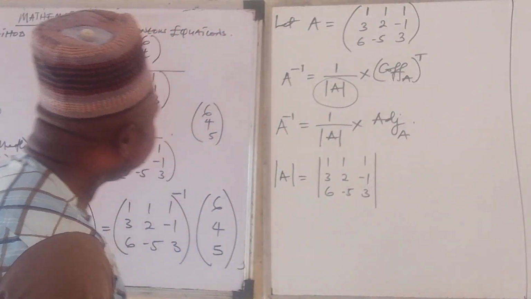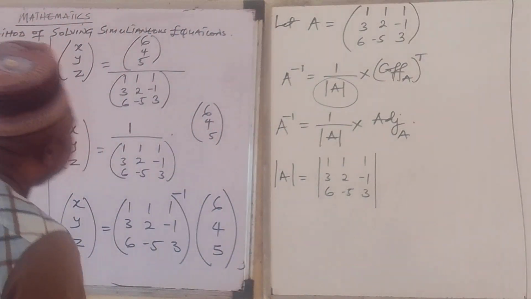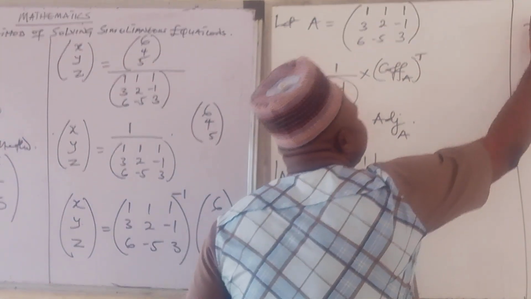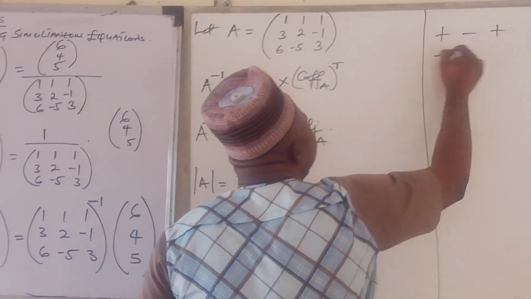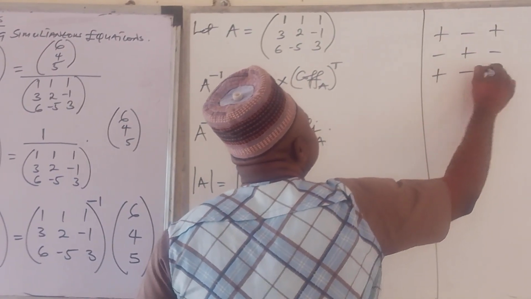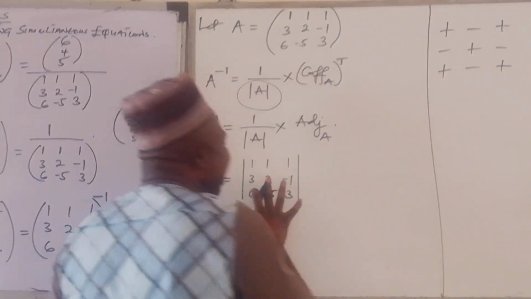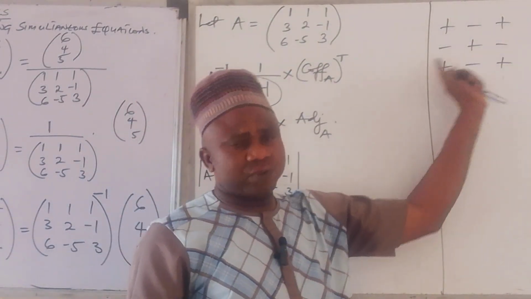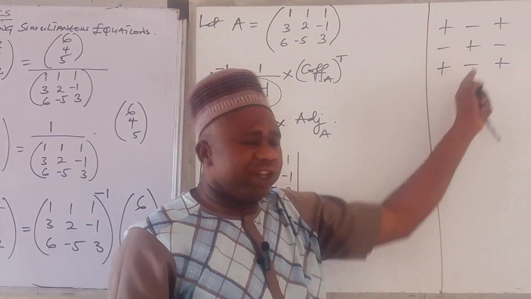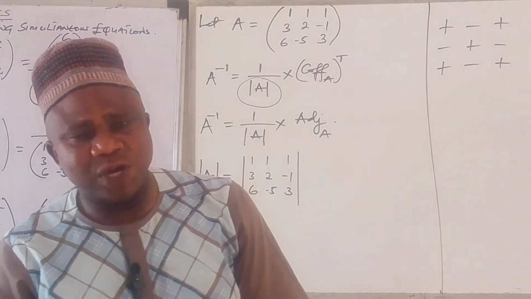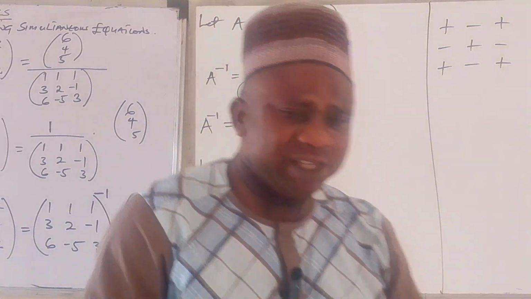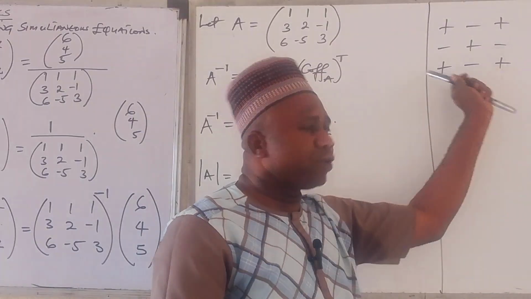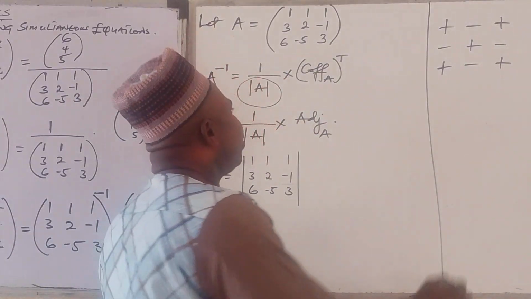I did say that if you're using the cofactor method, you have to bring out the signs: plus, minus, plus, minus, plus, minus, plus, minus, plus, because we are dealing with a 3 by 3. I also mentioned that you can use any of the rows or any of the columns, but you are not allowed to use the diagonals.